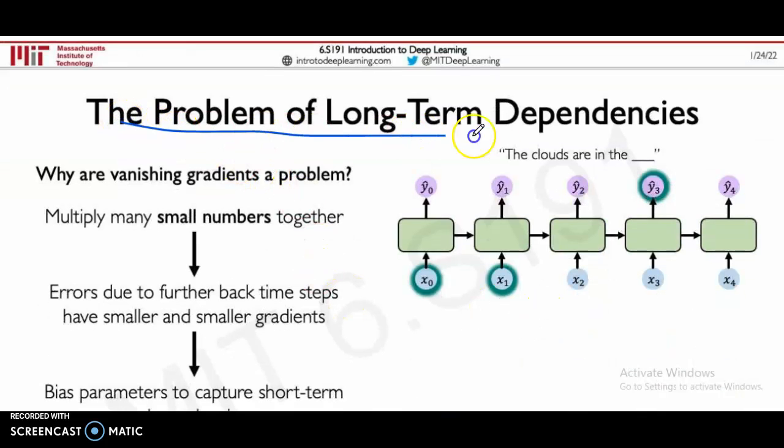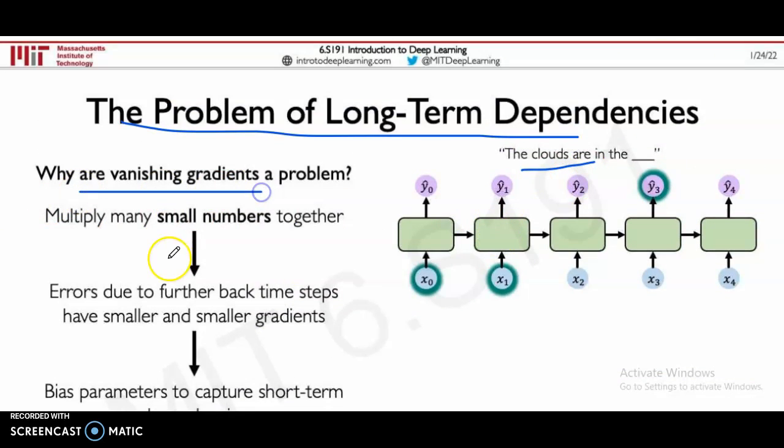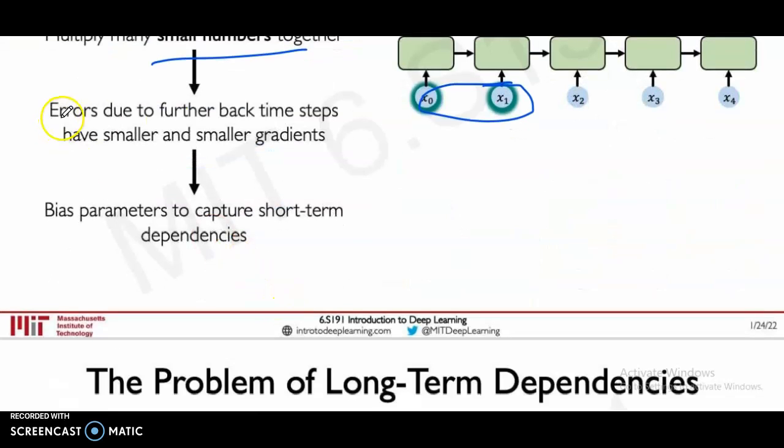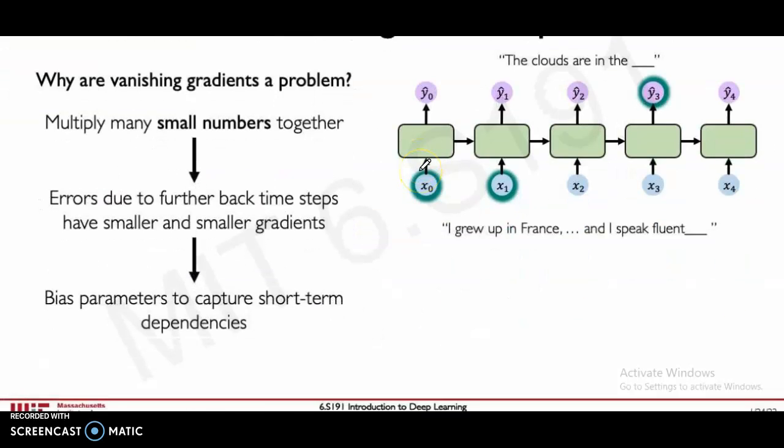The problem of long-term dependencies: the clouds are in the sky. Small numbers multiplied together, small numbers here, vanishing. Errors due to further back steps have smaller gradients.